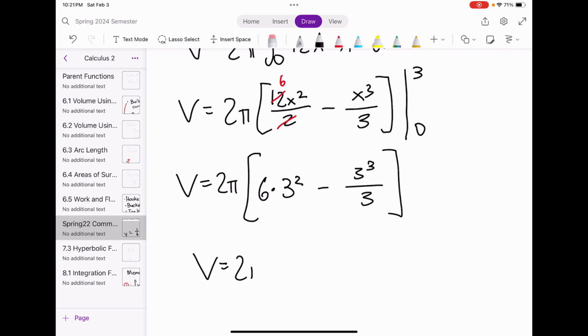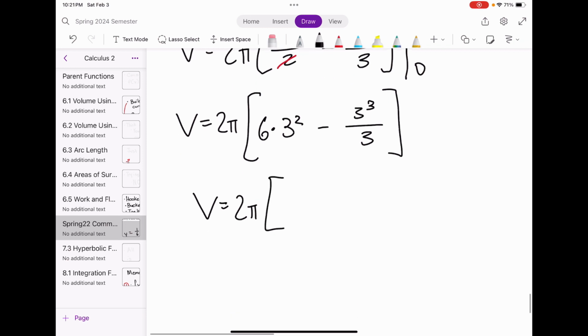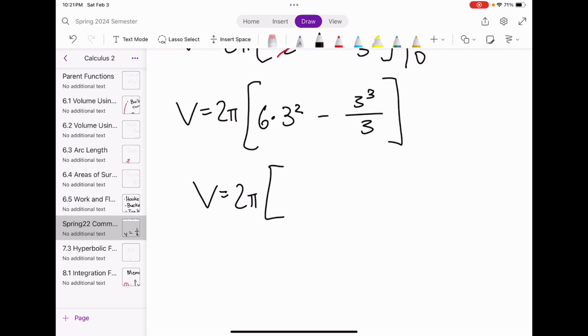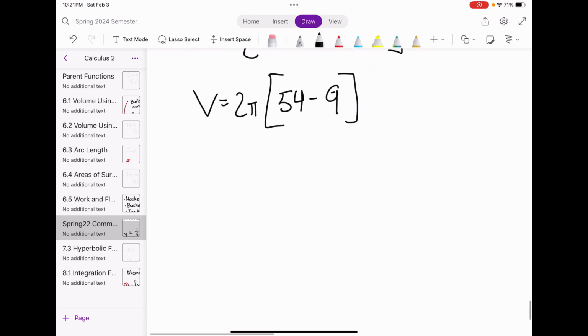V is equal to 2 pi. That's 9 times 6, 54, minus 27 over 3, which is 9. Okay, which is basically just 45. So it's 2 pi 45.